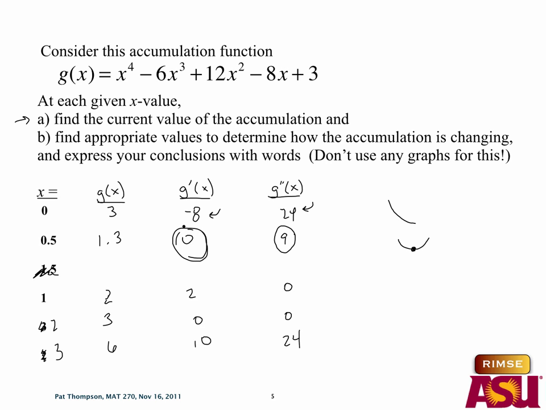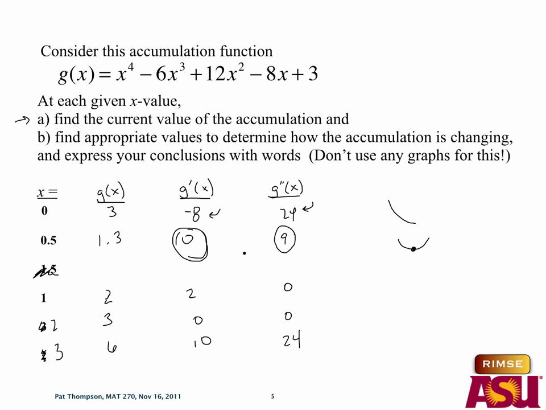Having a critical value tells me that the actual graph is going to have a pause. That looks like a horizontal tangent line at that x value. So the graph is going to look kind of flat nearby. If the graph is concave up at that value, that means the derivative is increasing.